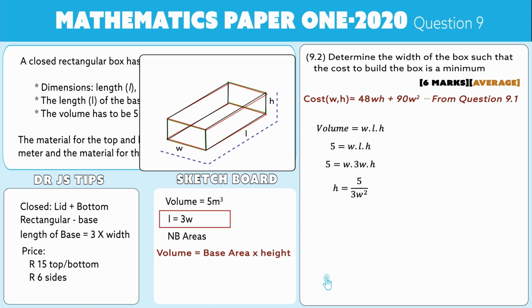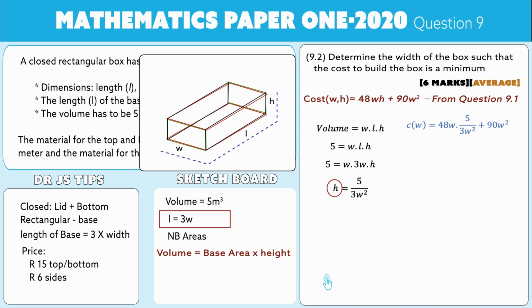So let's write the cost in terms of the width only. We're going to revisit our cost function. Our cost function would be 48 multiplied by W multiplied by this H over here, which will now be 5 over 3W squared, plus 90W squared. We want to clean this up so that it looks nice before we start differentiating.